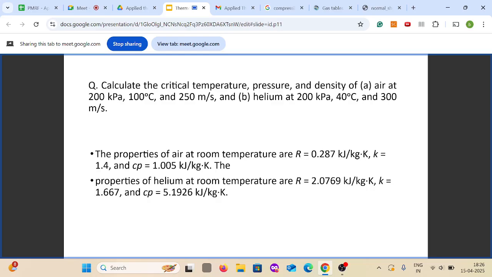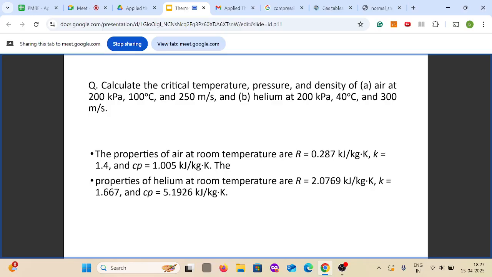So moving on to the next question. Calculate the critical temperature, pressure and density of air at 200 kilopascal, 100 degrees Celsius and 250 meters per second, and B, helium at 200 kilopascal, 40 degrees Celsius and 300 meters per second.